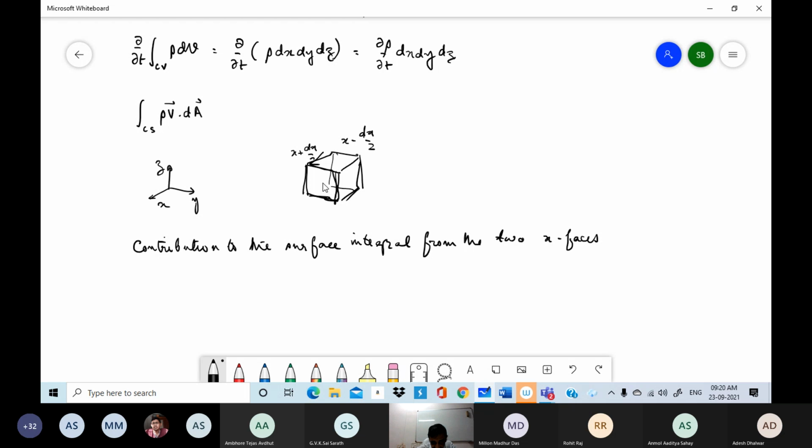So the outward normal at x plus dx by 2 is in the x direction. Vx by definition is the component of V in the positive x direction, and for this face, dA is also in the positive direction.